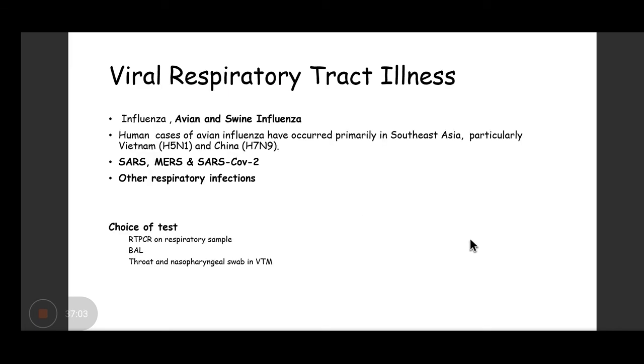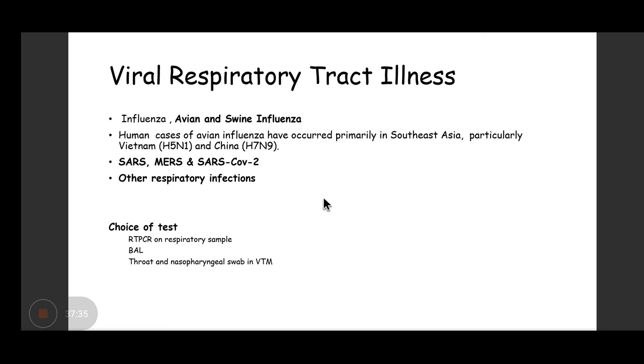Now, viral respiratory tract illnesses like influenza, avian and swine influenza, SARS, MERS, and SARS-CoV-2, the recent pandemic, they all are viral respiratory tract illnesses. The most common cause of acute febrile illness is viral respiratory tract illness, and most of the time those infections are not very severe.